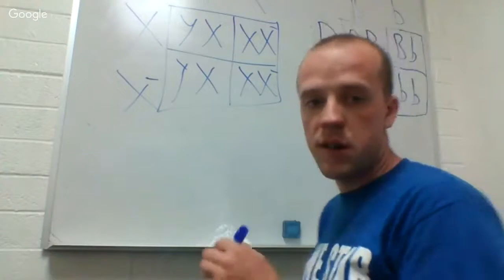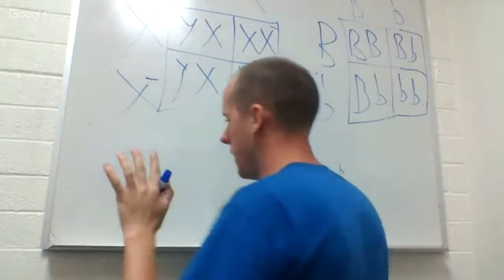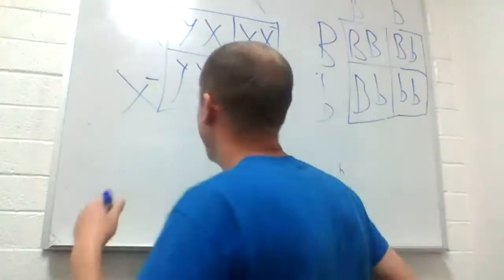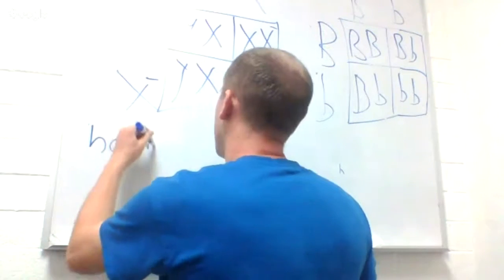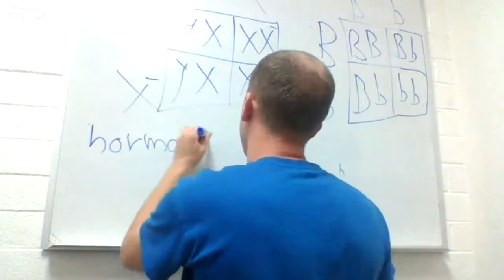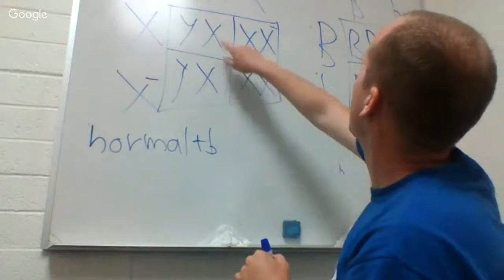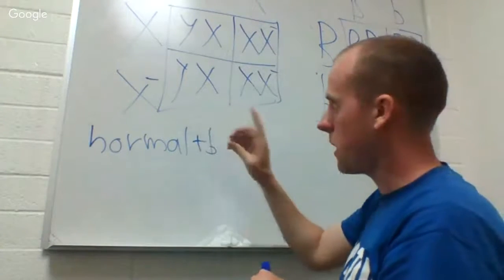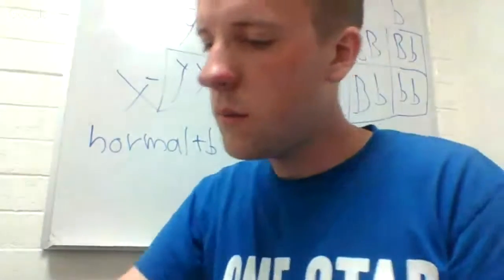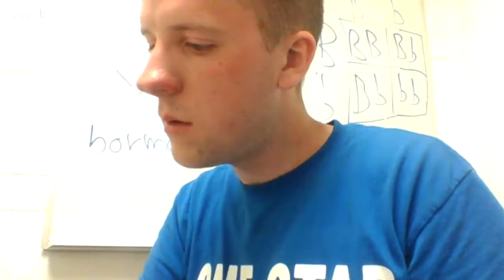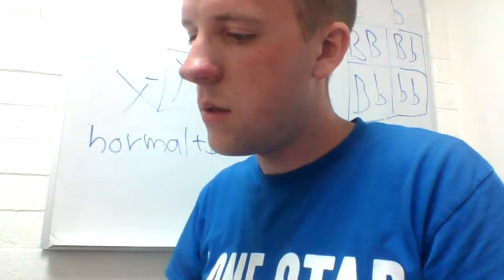So for shaker, there will be, one second. I didn't think of this for a second. This is going to be kind of complicated. So there'll be normal and black. Okay, so normal and black, half of them will be... Normal and black will be this.